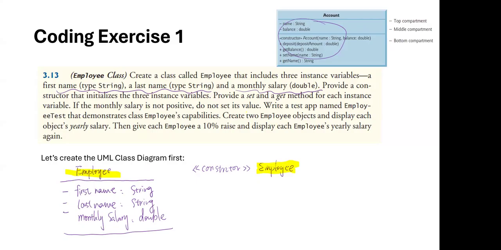For the constructor Employee, we should include all attributes there. So here we should have the string name, the first name. It's string. I will use the short one because it takes time to write it.